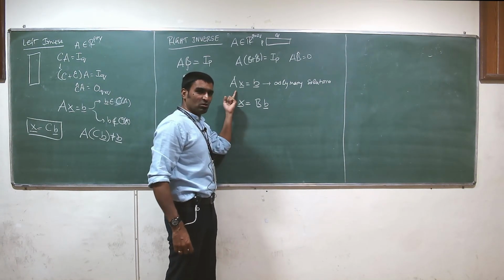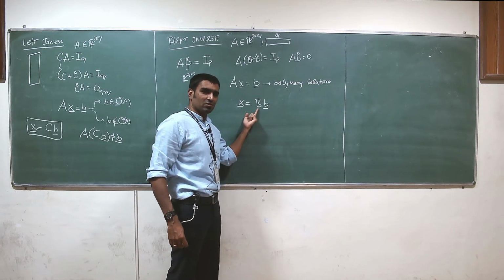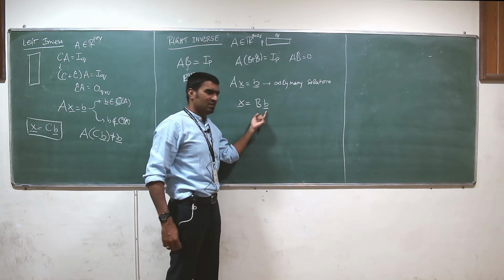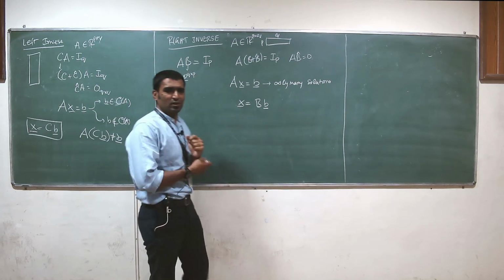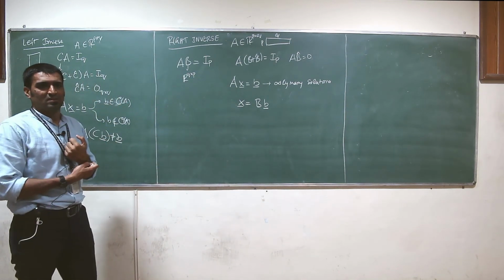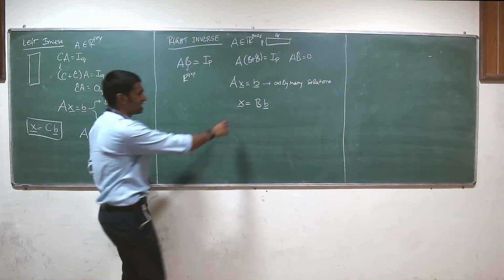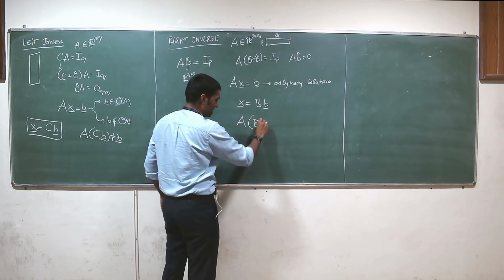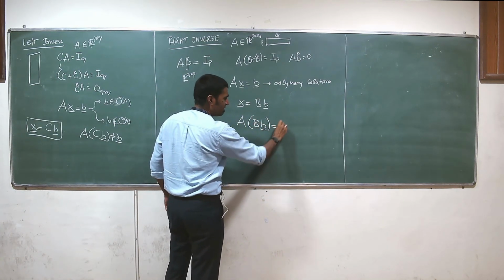Because there are infinitely many solutions and infinitely many right inverses, you simply take all possible right inverses, post multiply by B, and that will give you all possible solutions. In fact, in this particular case, if you take A and multiply it by it, it will always be equal.